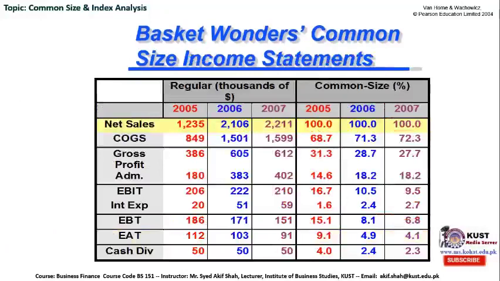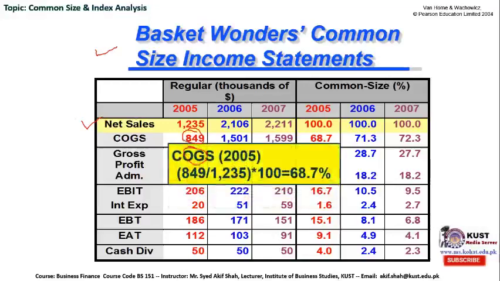Now let's discuss the common size analysis for the income statement. For the same company's income statement, the pattern is to divide each head of account of a particular year by its net sales.